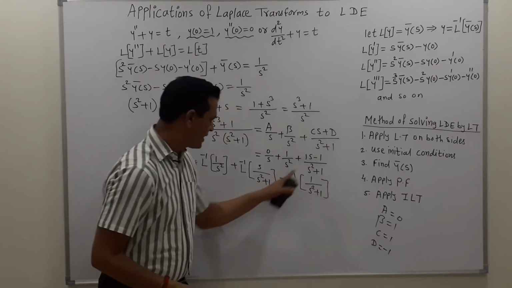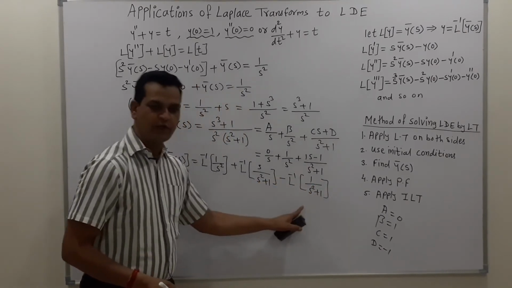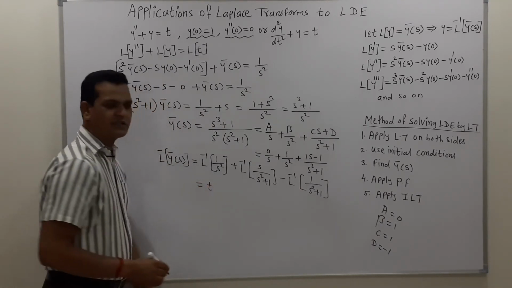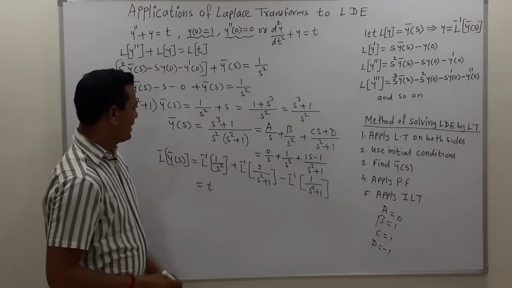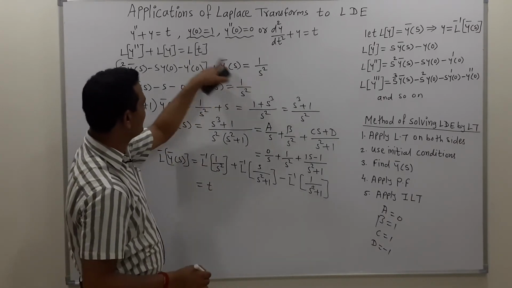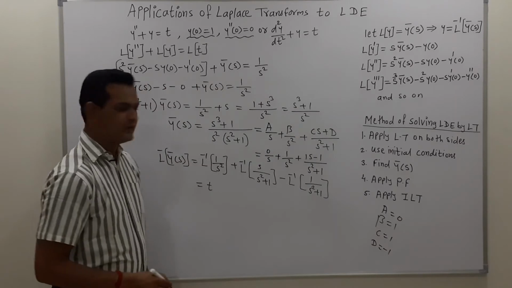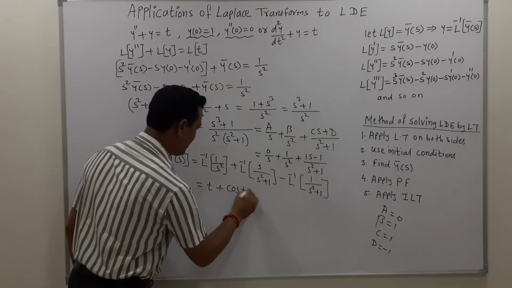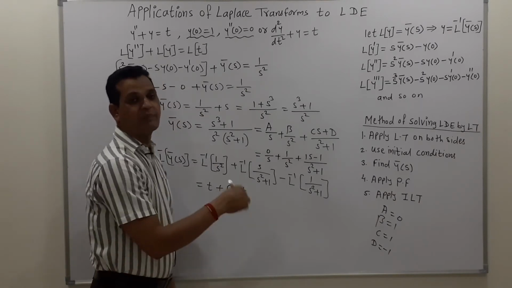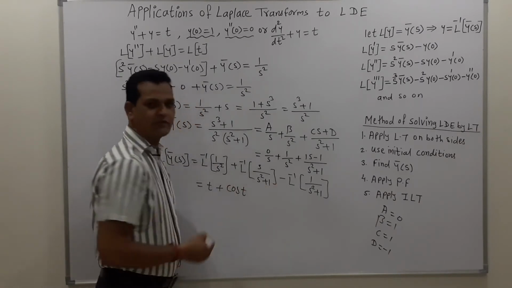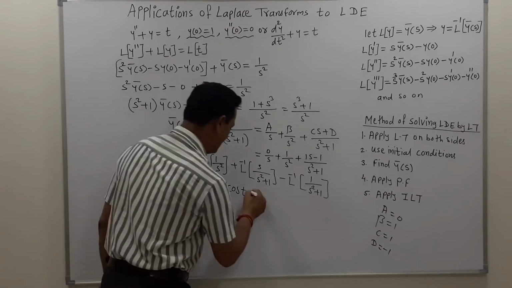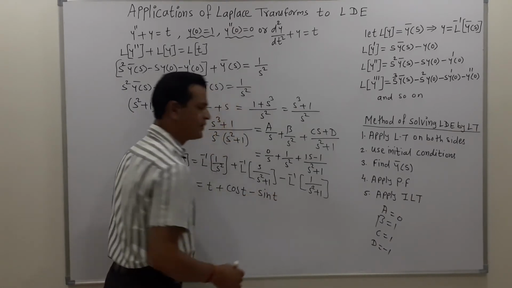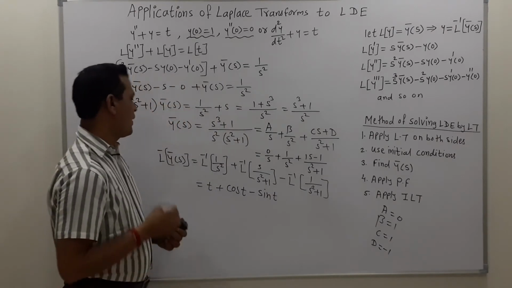So we write this according to the linearity property of the inverse Laplace transformation. Now friends, these are in our standard forms. 1 upon S square means the Laplace transform of t, so this is t. Now plus, again a standard form, S upon S square plus A square gives cos of t, where the value of A is 1. Then minus the sine of t, where the value of A is 1.